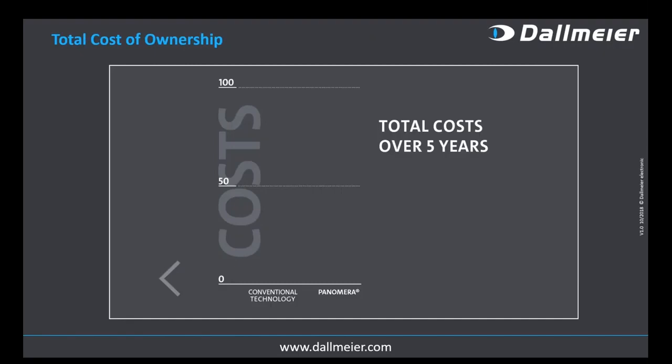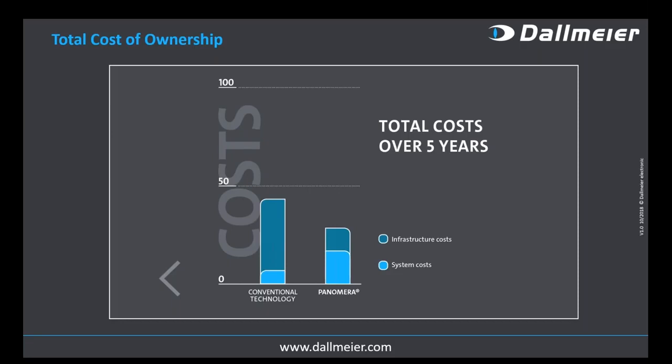And then when we look at the total cost of ownership calculation, well, the system cost might be a bit higher with Panomera than conventional technology, but already with the infrastructure, I save a lot of money. We had, not too long ago, a big airline customer here who reported directly in a conversation, yeah guys, this is true.